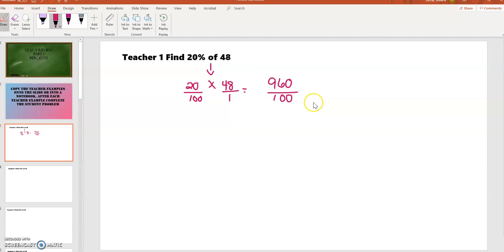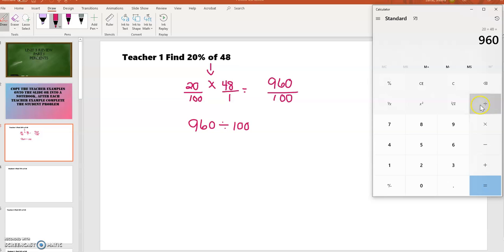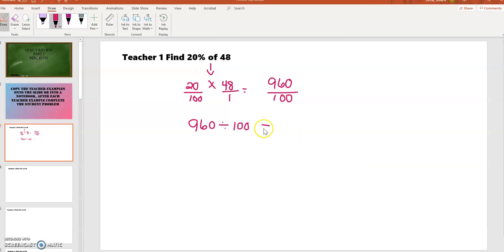To simplify this, we will take our numerator and divide it by our denominator. So 960 divided by 100. Again, I will do this on a calculator. And this will give us our answer in decimal form, so 9.6.